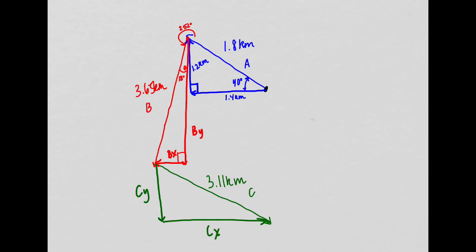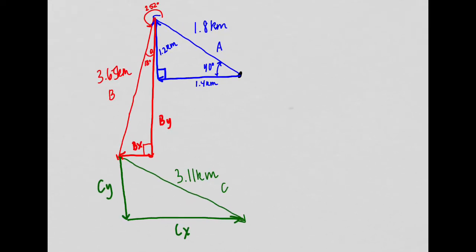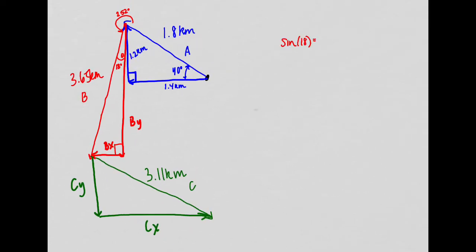Okay, so we can solve for Bx and By using the exact same method with sine and cosine. So sine of 18 is going to equal the opposite, Bx, over the hypotenuse, which is 3.65. I get this, and when I plug that into the calculator, I find that Bx is equal to 1.1 kilometers. Now to solve for By, we're going to use cosine and do the exact same thing.